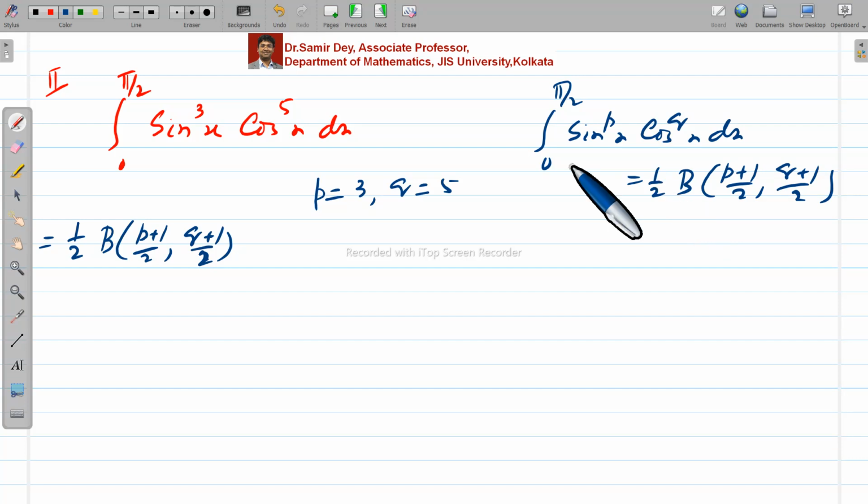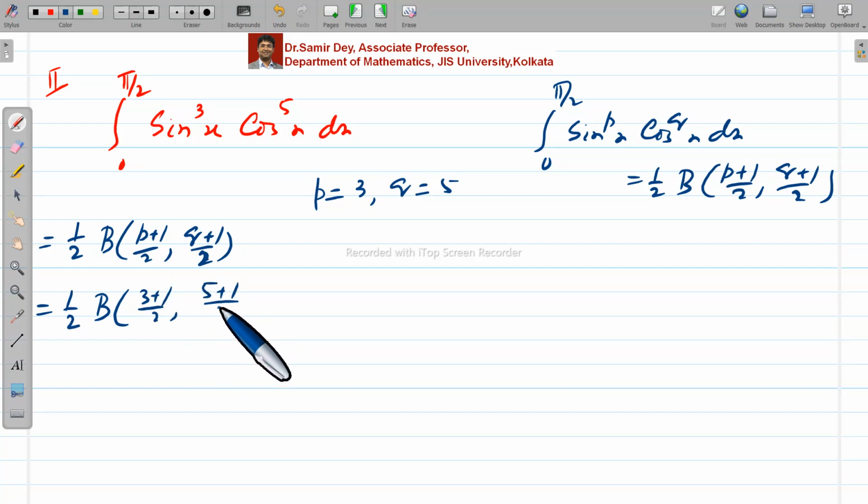First you compare, then if you write, only then anyone can understand. By comparing, your p is coming 3 and q is coming 5, and you have mentioned this information based on this formula. So don't forget to mention this expression. Okay, now 1 by 2 beta 3 plus 1 by 2 and 5 plus 1 by 2.